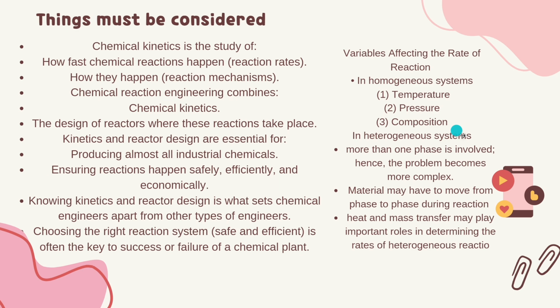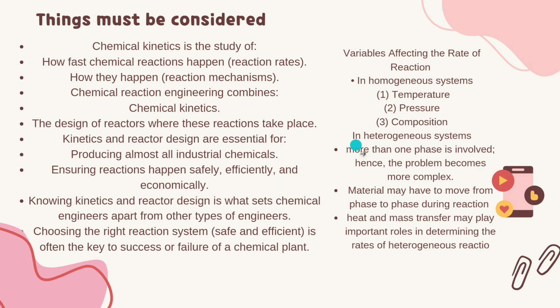If we increase the temperature, the reaction is faster. If we increase the pressure, there are more molecules in a small area, so more collisions and a faster reaction. Composition is the concentration or amount of each reactant. More reactant means a faster reaction.